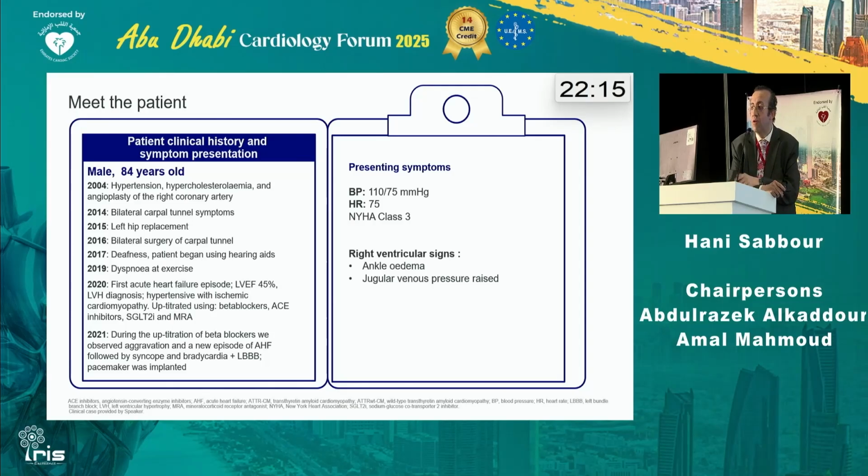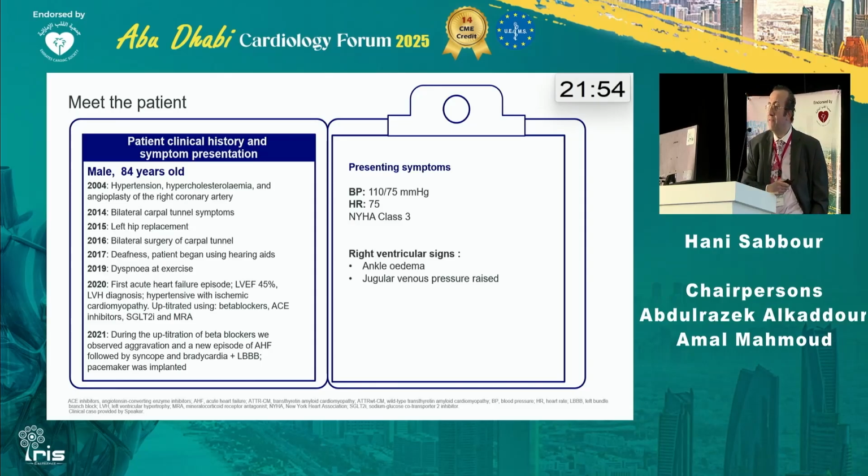So recurrent carpal tunnel syndrome is another big clue here. And dyspnea with exercise, acute heart failure, ejection fraction 45%, and was given the conventional therapy, beta blocker, ACE, SGLT2, MRA. And with beta blockers, we had worsening of heart failure, syncope and bradycardia, and the patient needed a pacemaker.